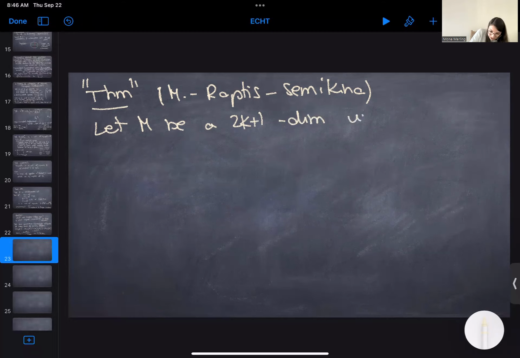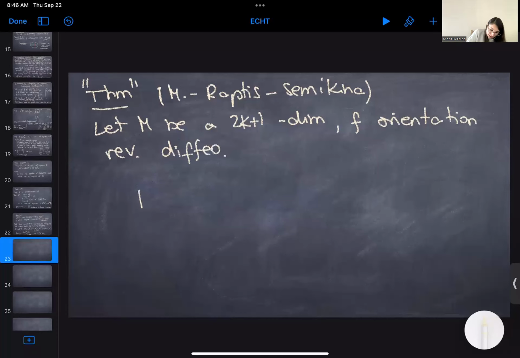Now I'm going to be in the unoriented case, so we're going to do the scissors congruence of unoriented manifolds, so that we allow ourselves in our category to have orientation reversing diffeomorphisms.